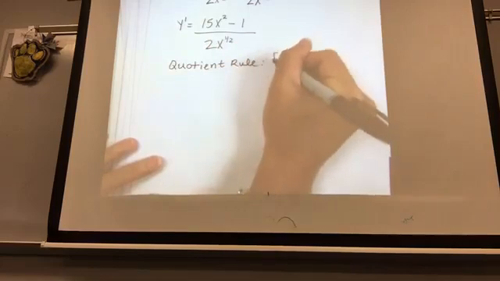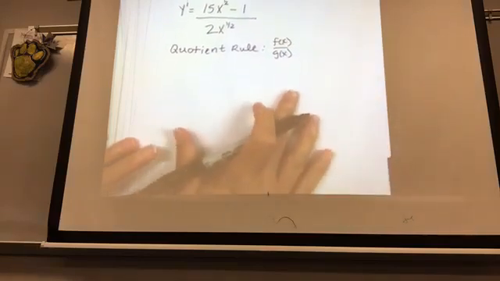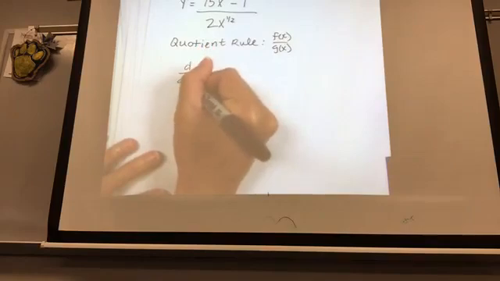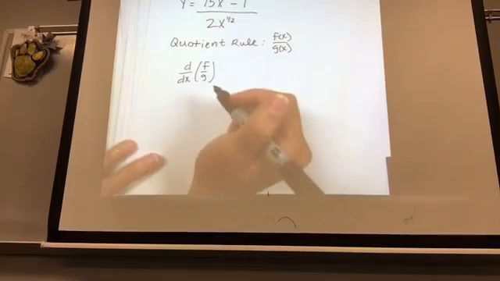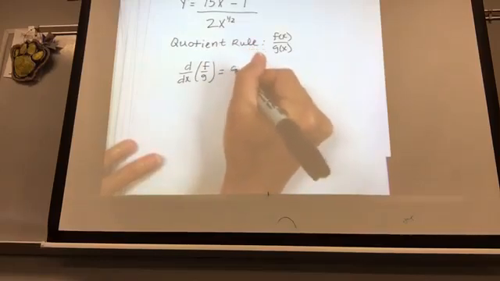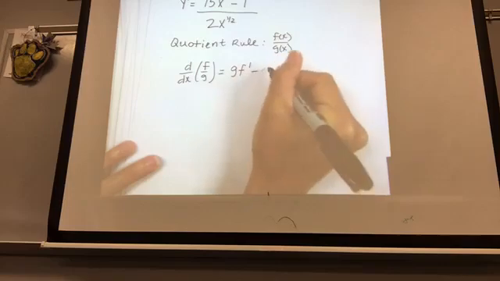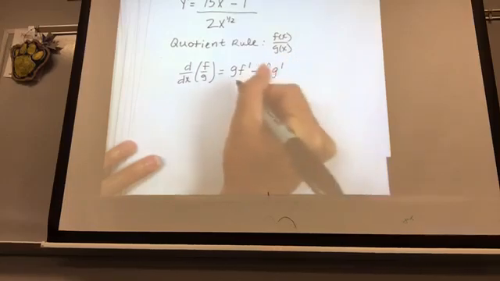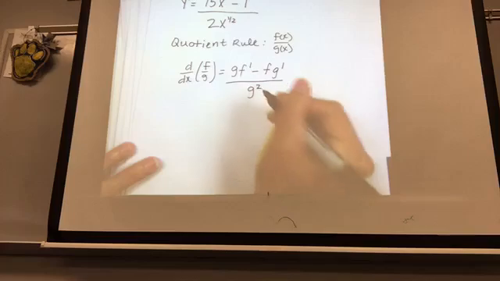So like f of x divided by g of x. So d over dx of f over g is equal to the second times the derivative of the first minus the first times the derivative of the second, all over the second squared.